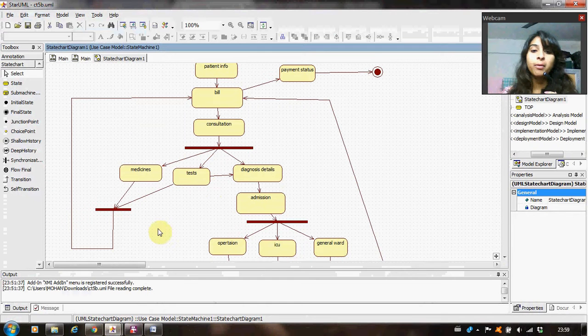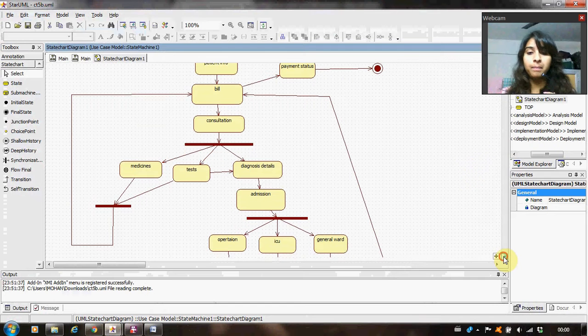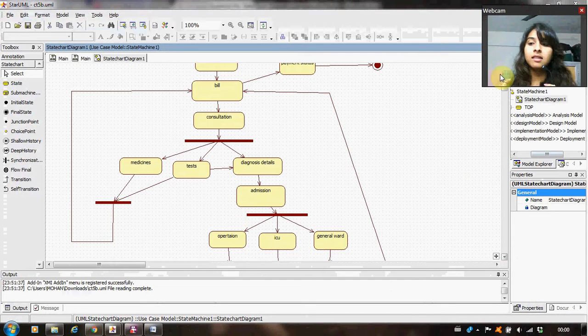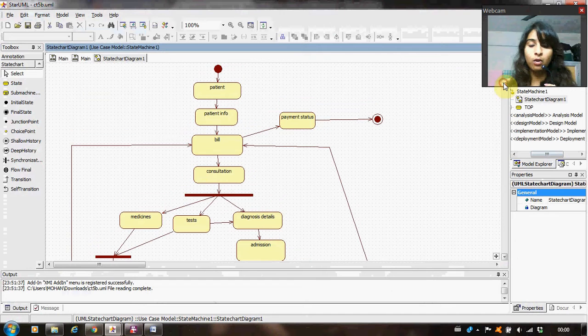So whatever process happens, it is totally built up, and only when the payment status is yes, that is, if the payment is paid, will the process end. Otherwise the process will not end. The person will have to pay the bill and only then go out of the hospital.